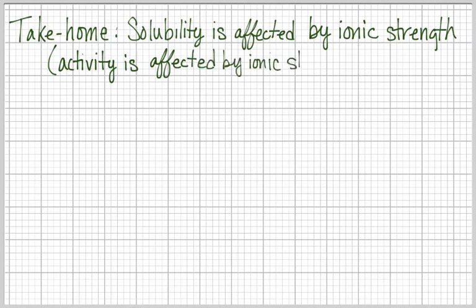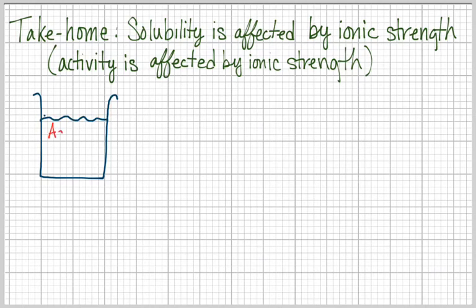The activity affects the solubility, and the activity is affected by ionic strength, and so the solubility is affected by ionic strength. If I have silver chloride as a sparingly soluble salt in solution, and if I were then to add sodium chloride, I would shift the solubility of the silver chloride. I would actually tend to make it less soluble. I'd have more salt in solution.